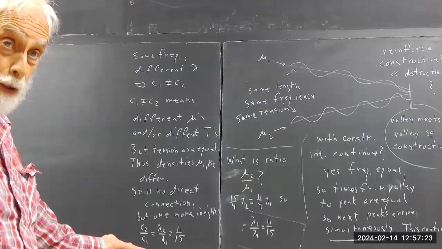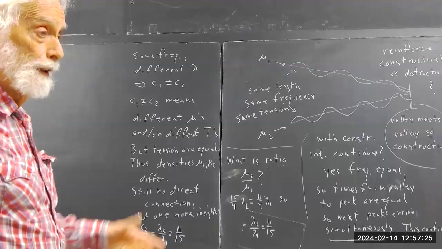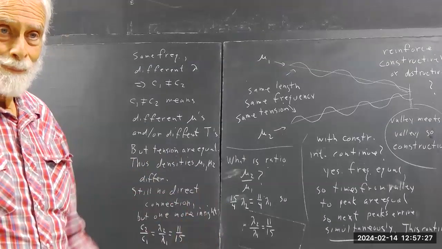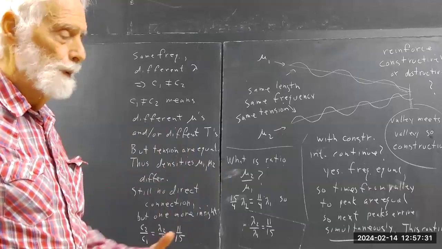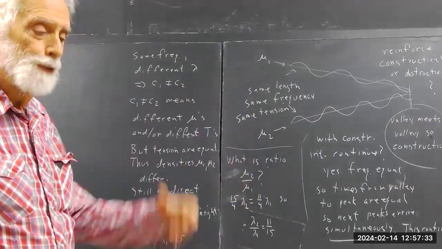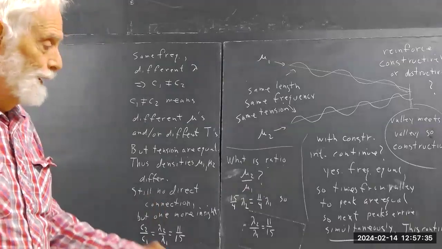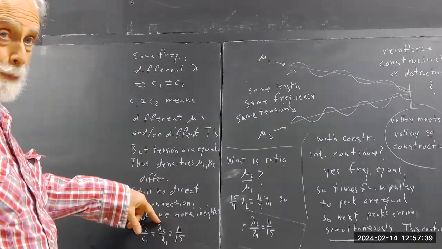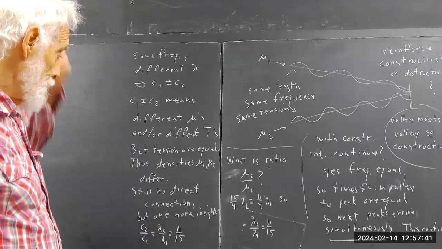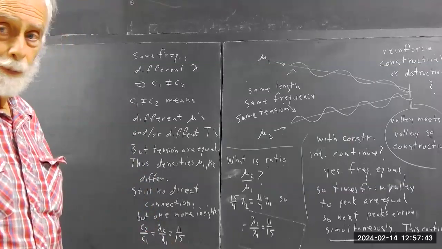You can do that with the equation. Since C equals F lambda, it turns out that the only way the C's could be different at the same frequency is for your lambdas to be different, and they're directly proportional. Speed is directly proportional to lambda for a given frequency. So that this ratio is always going to be the same.